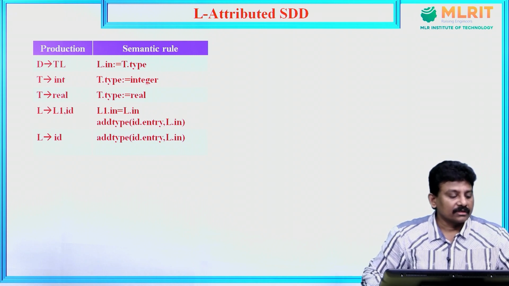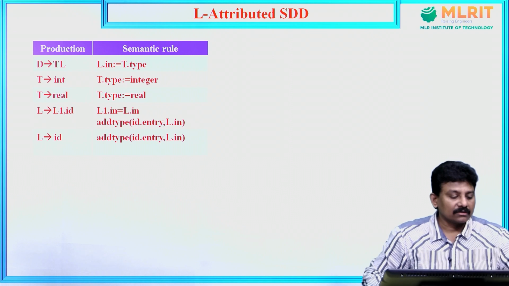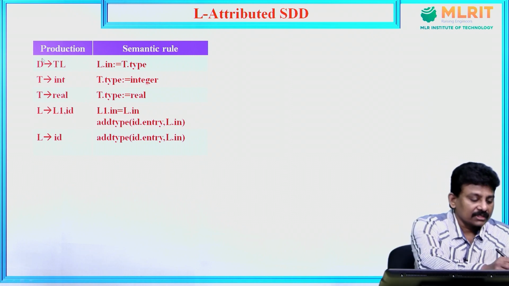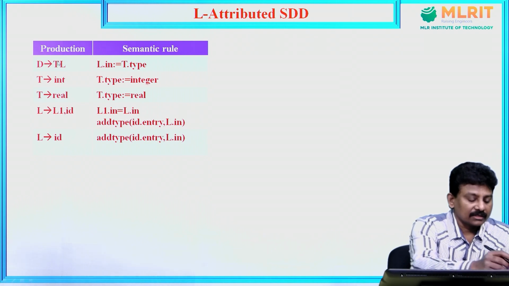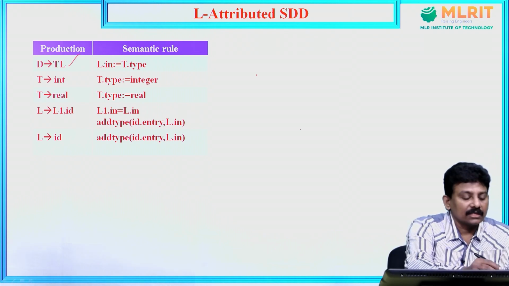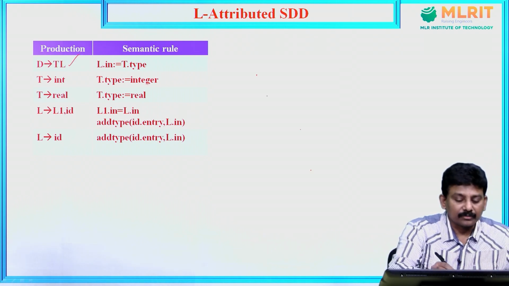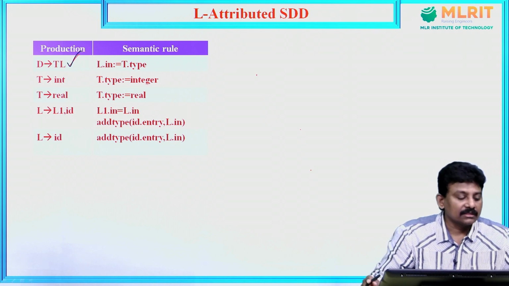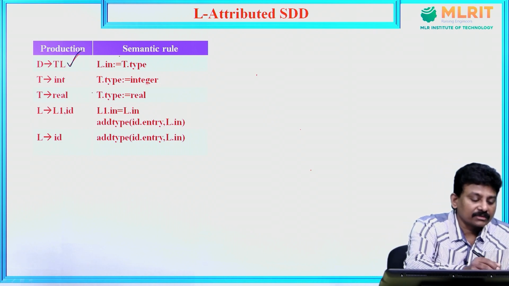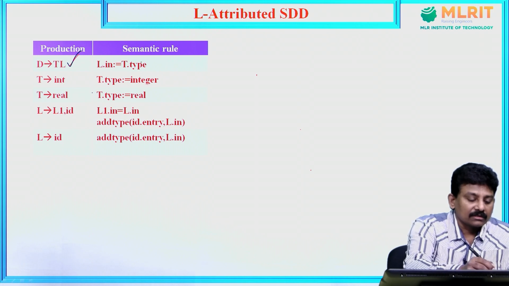We are given productions, and along with the productions, semantic rules are given. D, representing declaration, derives TL, where L.in = T.type. T represents type.